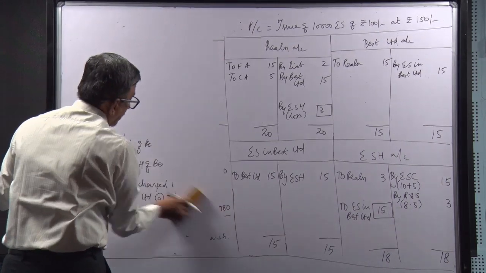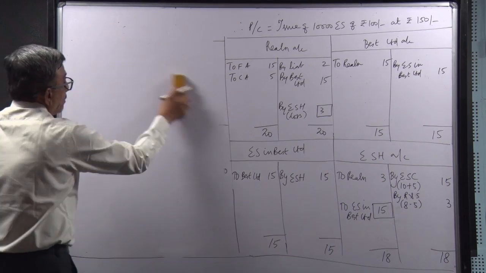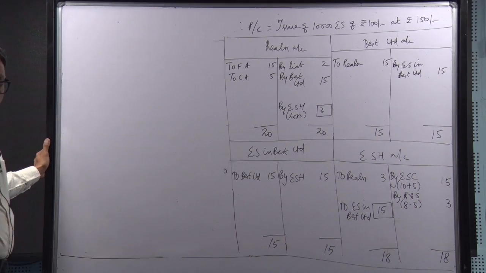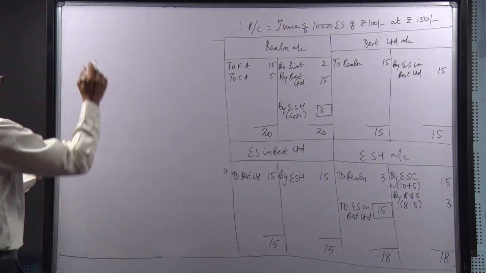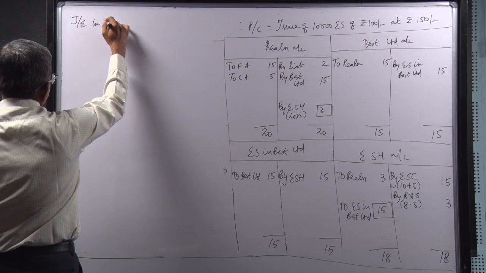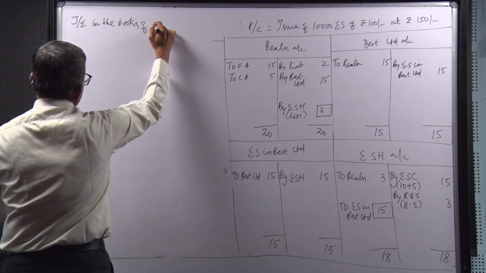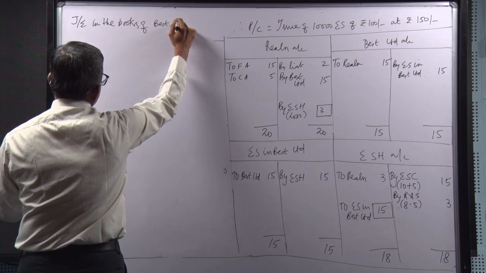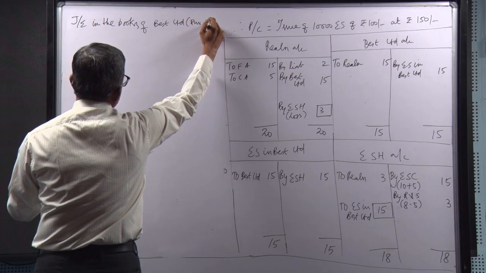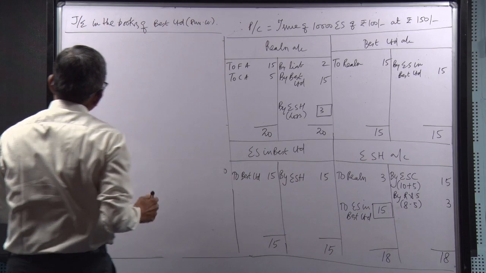So you write journal entries in the books of Best Limited, that is purchasing company. What are the journal entries?